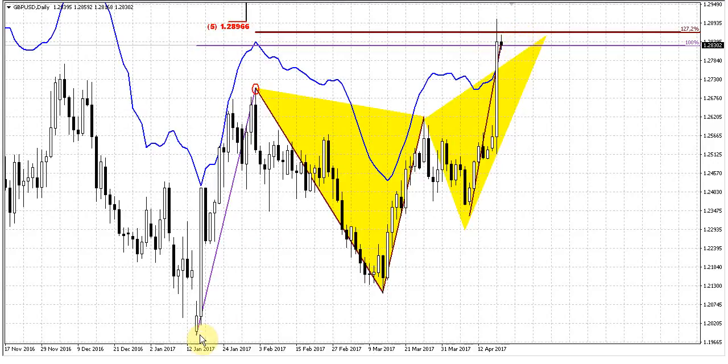It has completed this A, B, C, D, AB equals CD pattern. Also it has completed the extension of this butterfly, and take a look, it has also completed this minor AB equals CD inner to the butterfly pattern. Right now it stands at the 1.29 fib level, multiple targets, and take a look, daily overbought.